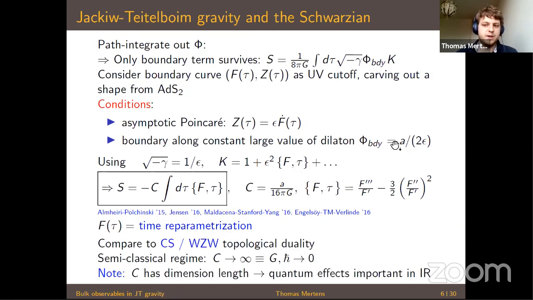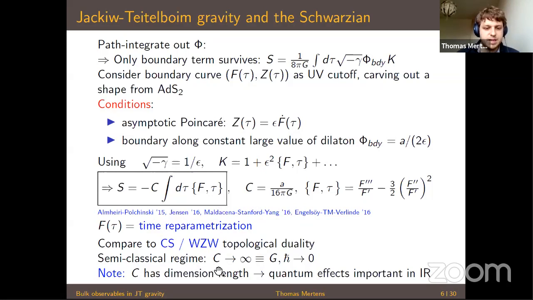Now, you should compare this type of argument to the Chern-Simons Wess-Zumino-Witten topological duality, where the large gauge fields in Chern-Simons theory become the dynamical degrees of freedom of the Wess-Zumino-Witten theory living on the boundary. So it's the same that happens here. You have the large diffeomorphisms, which would be boundary reparameterizations, that become dynamical and physical. And that is what the Schwarzian theory is actually describing.